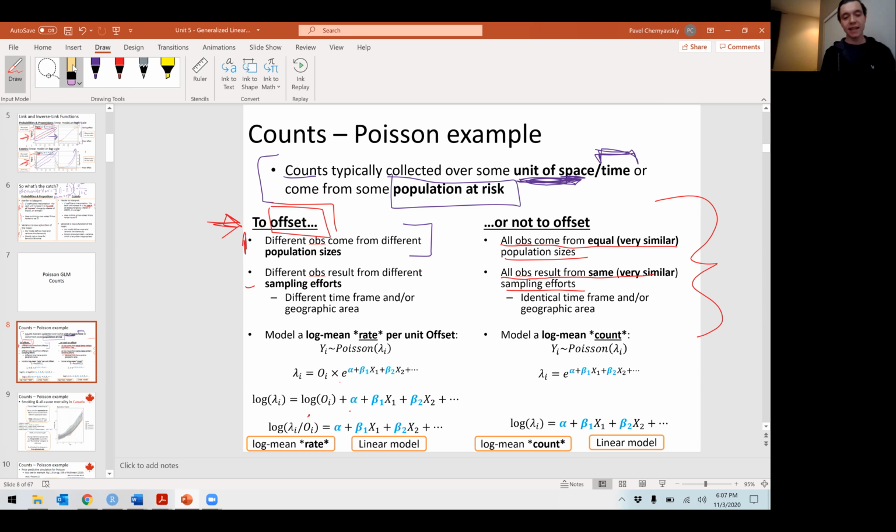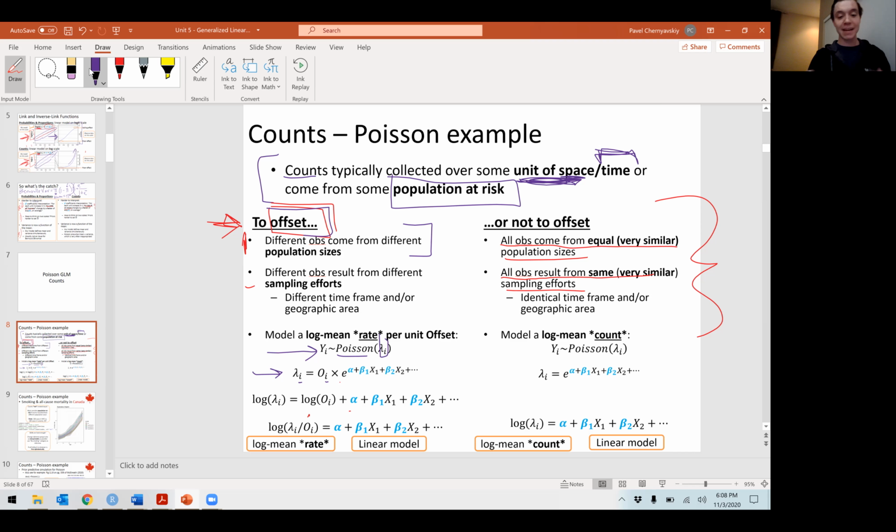are some ways to manipulate the same equation. We start with our observed counts coming from a Poisson distribution with some mean count. How is this mean count specified? Well, here I'm assuming that there is an offset term. So different rows in my data set, that's the i's, right? Different rows in my data set come from different communities where there were a different number of people at risk.